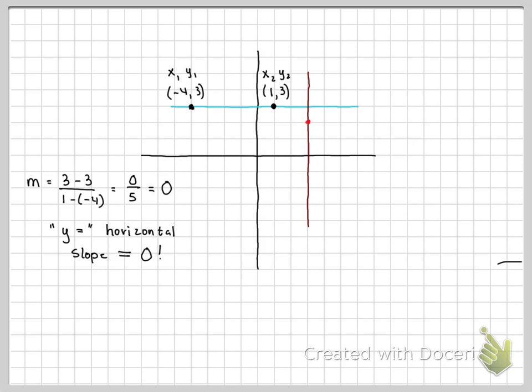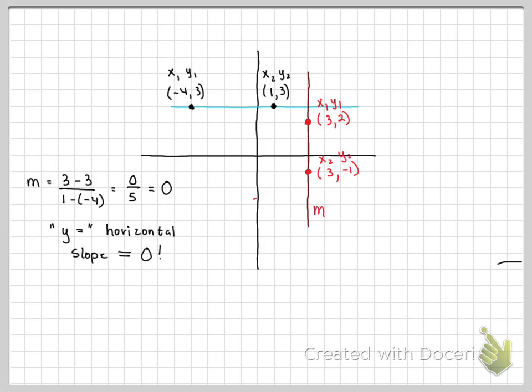So let's pick this point right here and this one right here, and we'll apply the slope formula. Okay, so the x-coordinate is 3 and the y-coordinate is 2. And the point on the bottom, the x-coordinate is 3 and the y-coordinate is negative 1, okay? So this will be x1, y1, and x2, y2.